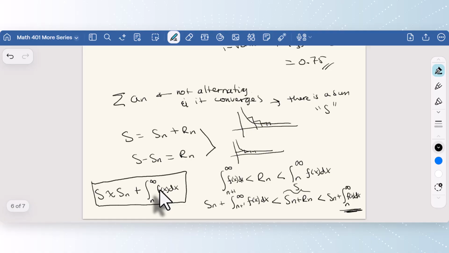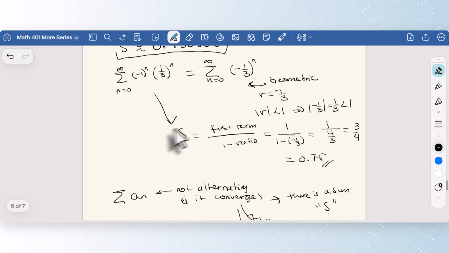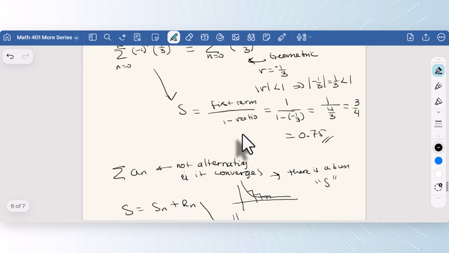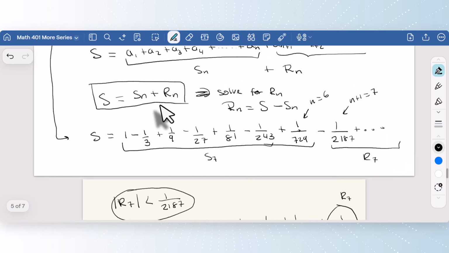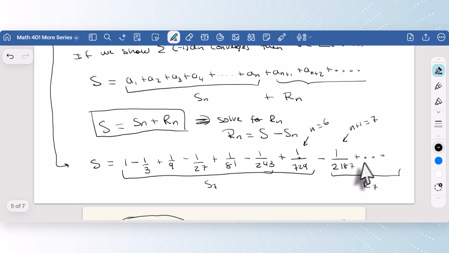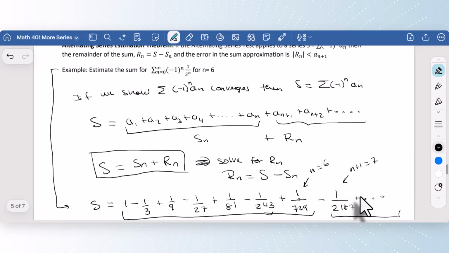Remember, we can only find exact sums for geometric series, because for a geometric series, the exact sum is the first term over 1 minus the ratio. But if we have alternating series, now we know we can do Sn plus Rn, and for alternating series, our Rn is less than the next term.